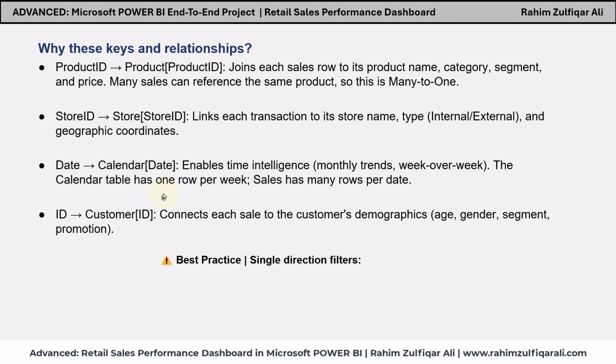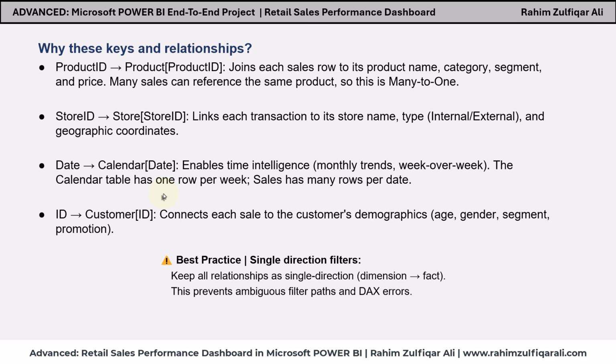So the best practice when we create relationships with many to one cardinality is that they go in a single direction. Keep all relationships as single direction, dimension to fact. This prevents ambiguous filter paths and DAX errors. If you already know about filter context, you know why we are doing it.